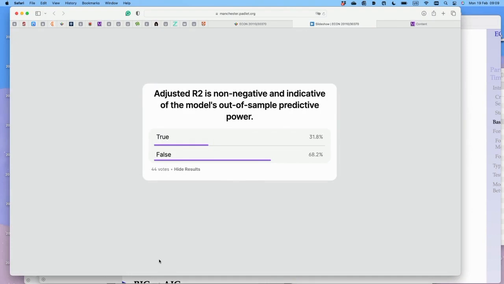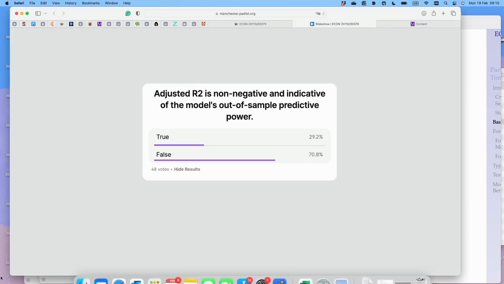We don't know anything about out of sample because that's not how the R-squares are computed. So this is a false statement. Adjusted R-square can be negative, and it doesn't tell us anything about the model's predictive power. At best, it only tells us the variation in Y that has been explained by the model, adjusted by the number of parameters. Okay, so this is false.